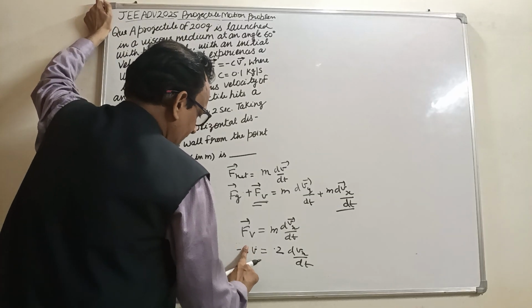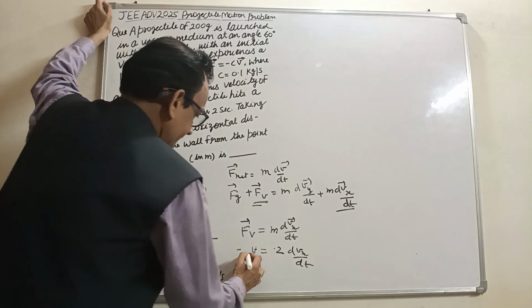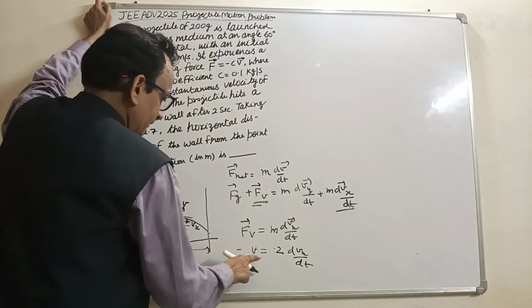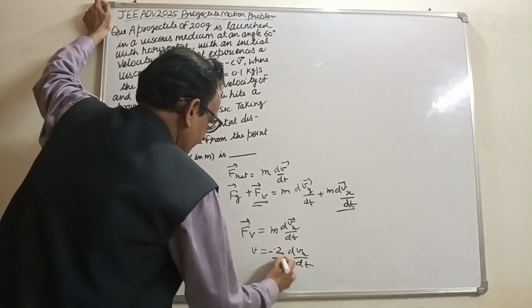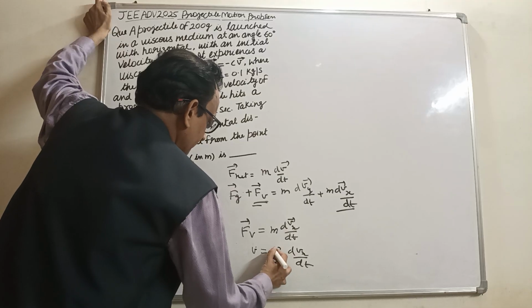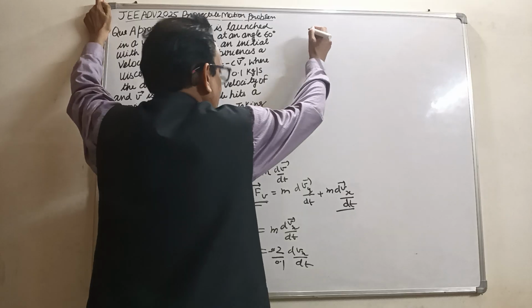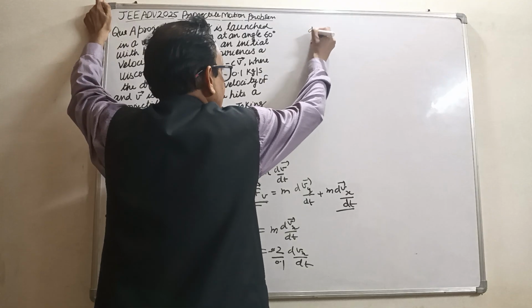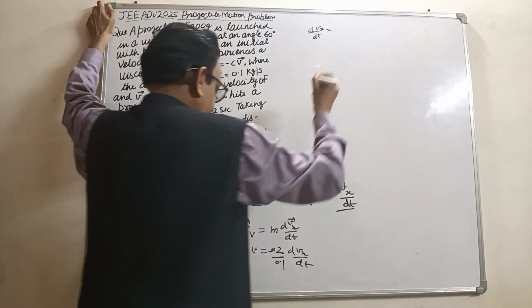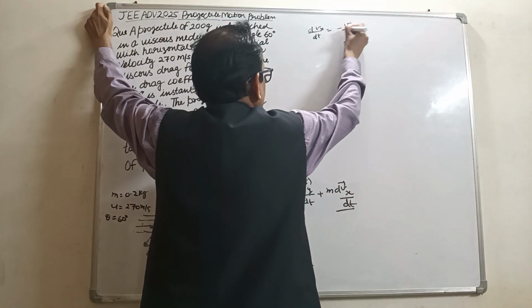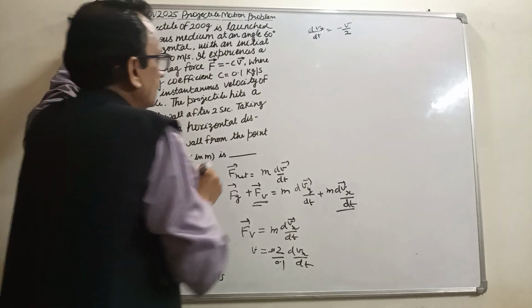The value of c is 0.1. So dvx over dt would be minus v by 2.